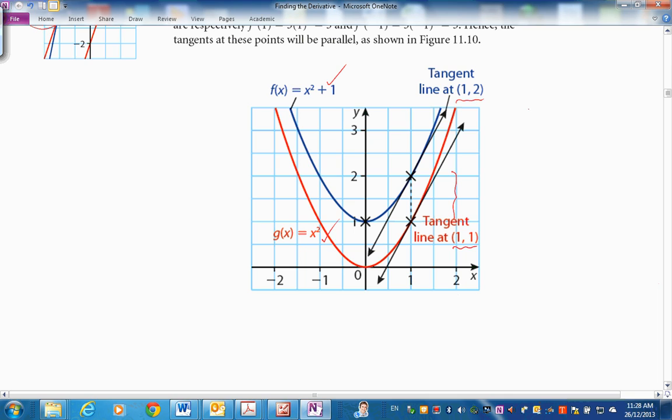Oh, it looks like both of their derivatives are the same, 2x. Okay, because 2 times 1 is a slope of 2, and here is a slope of 2. You can see geometrically why that should be the case. They both have a common derivative, or function which gives the slope of the tangent or the instantaneous rate of change.